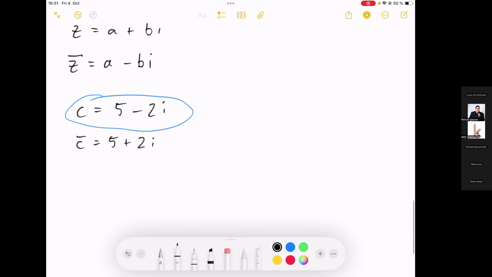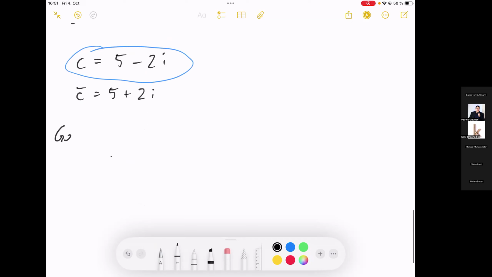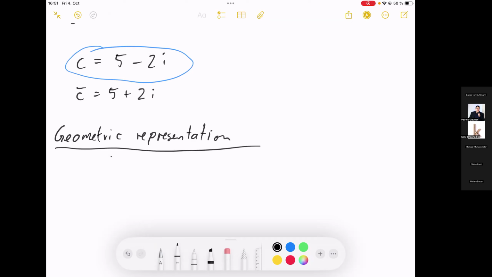Now we can also do a geometric representation of all of this. And we can represent complex numbers as vectors.